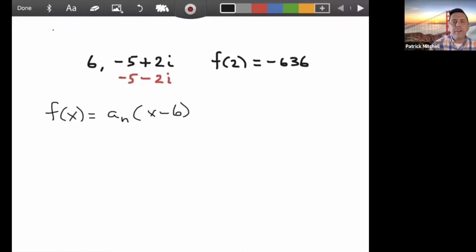That would be the factor that gives you the 6. Another factor would be x minus (-5 plus 2i). That would give you the 0, -5 plus 2i. And then the other factor would have to be x minus (-5 minus 2i).